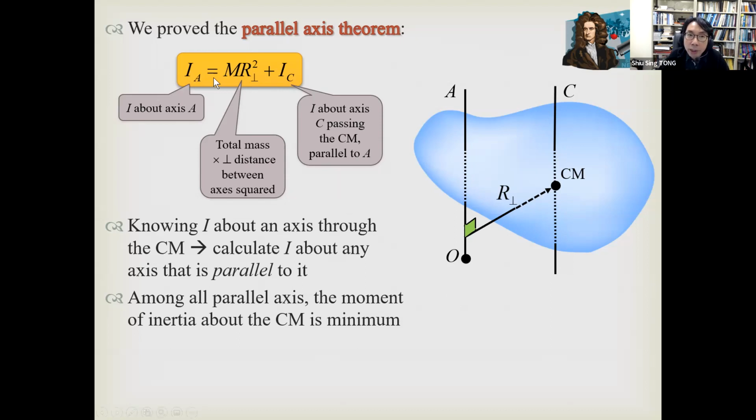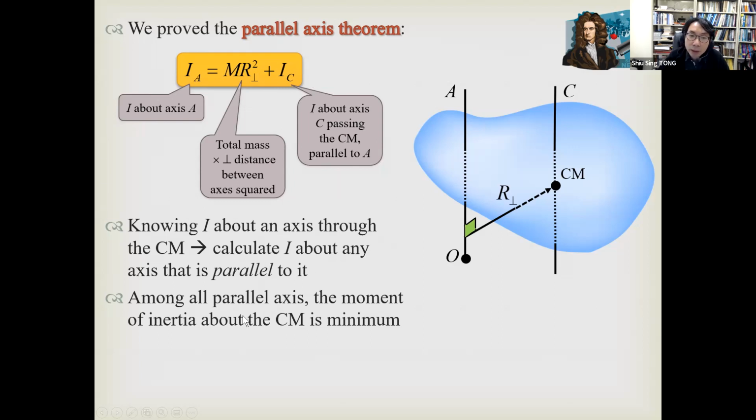Now that also tells something interesting. Notice that because M r prime squared is always positive, right? The r prime squared is a positive quantity, M is also positive. So that means IA is always larger than IC.